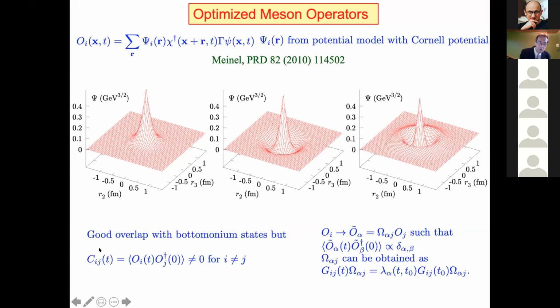Originally, the correlation functions between O_i and O_j are non-zero for different i and j, because none of these operators have a perfect overlap. But after the orthogonalization procedure, you get something which is essentially diagonal. Then, of course, you have to determine these eigenvalues and the corresponding rotation matrix.